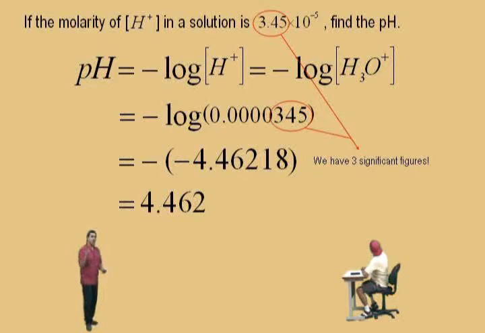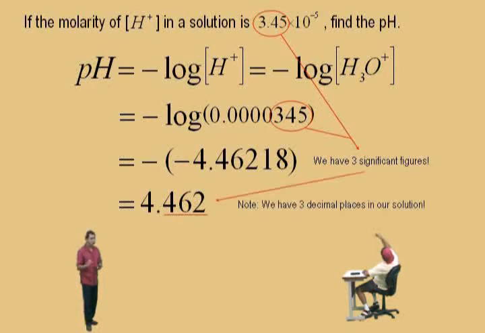That's 3 significant figures. When you do a logarithm calculation with 3 significant figures, your answer must have 3 decimal places. So, if we have 3 significant figures, notice our answer here has 3 decimal places. And that's the rule for significant figures, generally in any chemistry class.